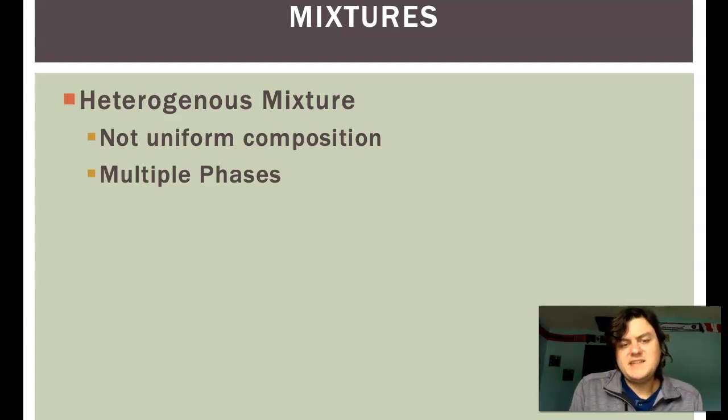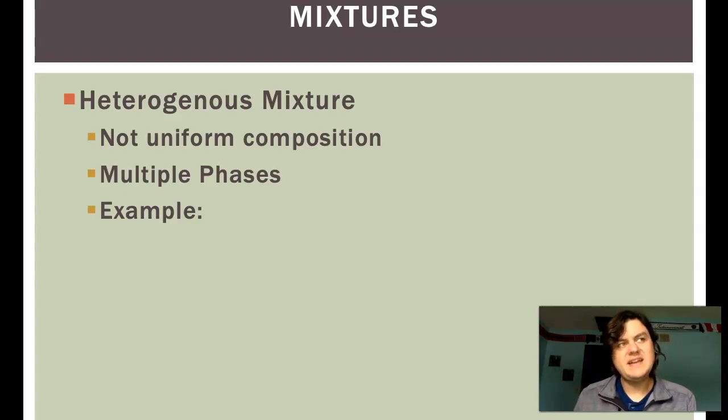A phase is an important concept for us to think about here. There are multiple phases in mixtures. A phase within a mixture is anything that does have uniform composition. Let's look at examples of heterogeneous mixtures, and I'll point out the phases in each of them. A salad.